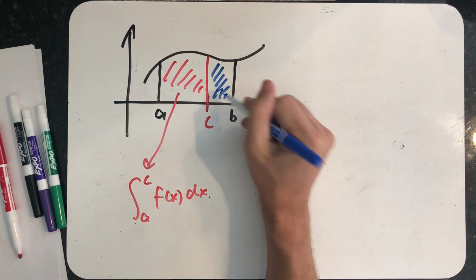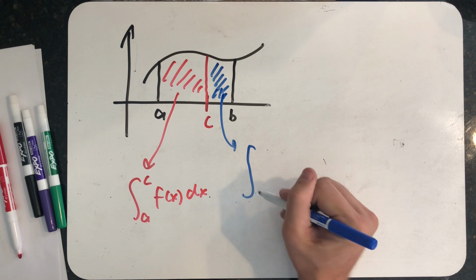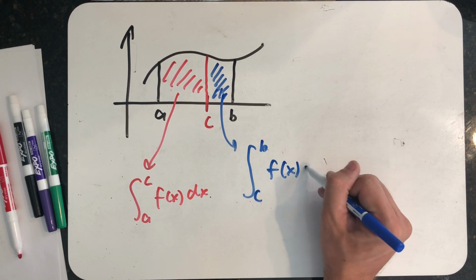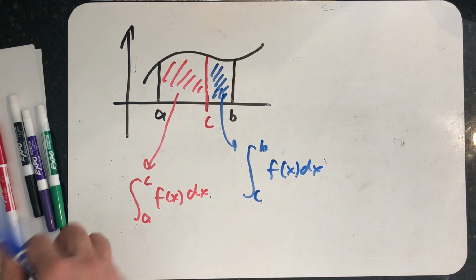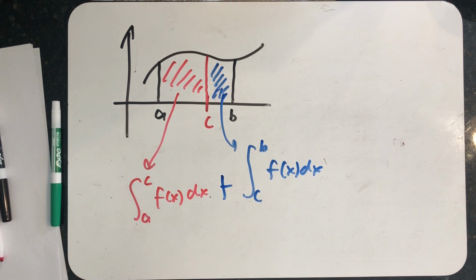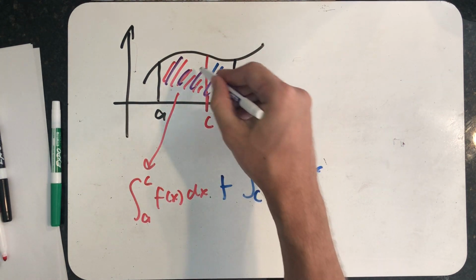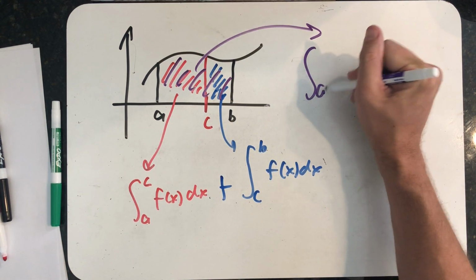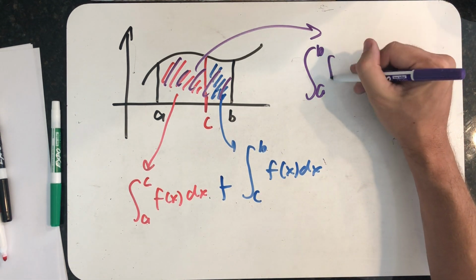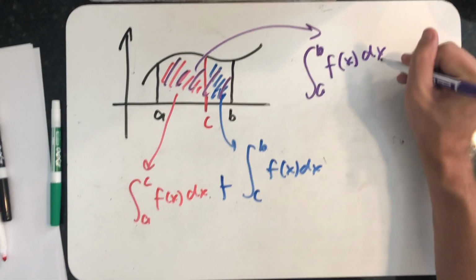This shaded area would correspond to the area from c to b. And if I add the red and blue areas together, I would get the total area, and I know the total area is the definite integral from a to b of f of x dx.